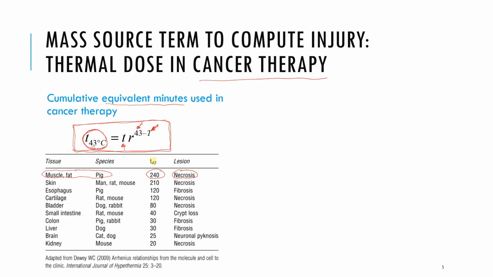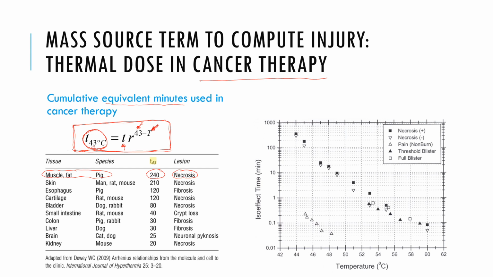Back to this curve, what this equation means is if I needed to reach, let's say at T43, some 240 minutes here, this equation says that if you do this at a higher temperature, you are going to need some other time.